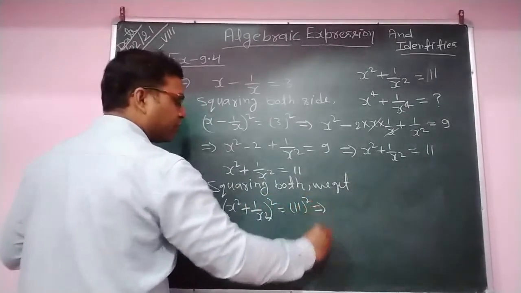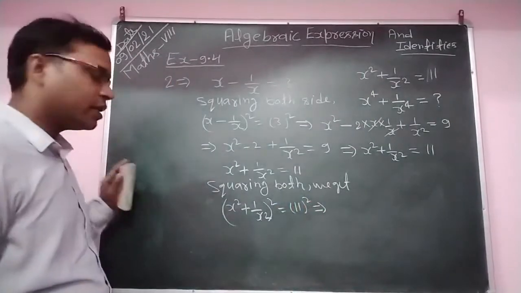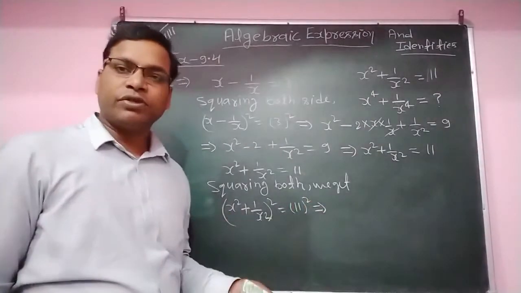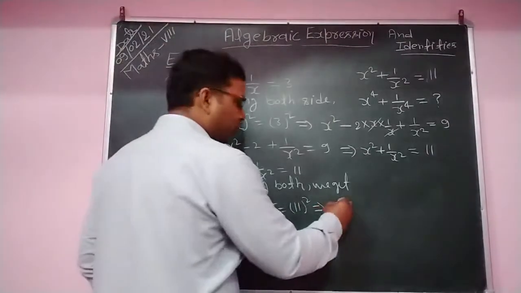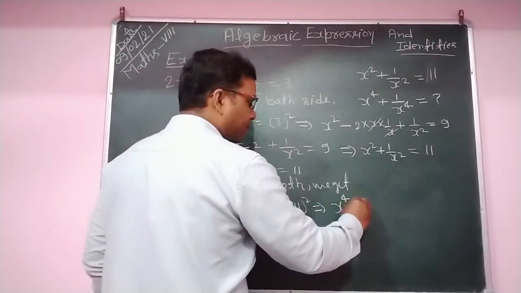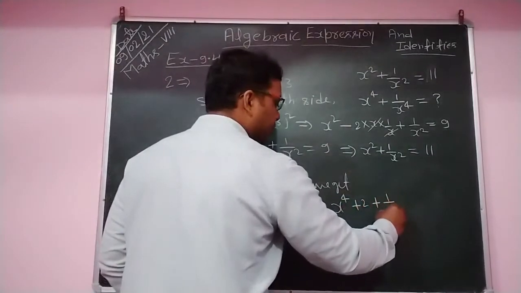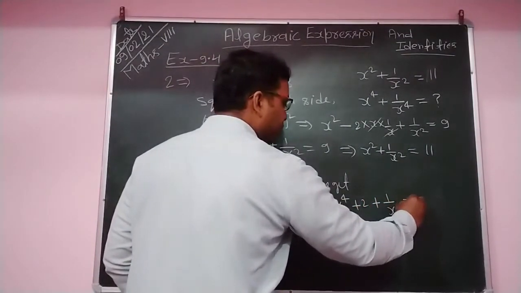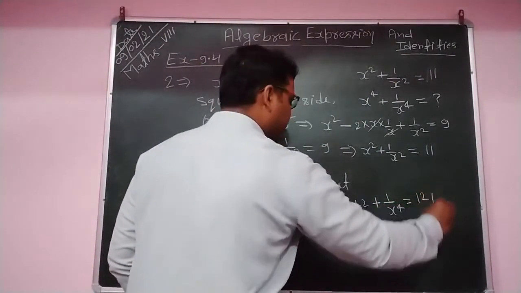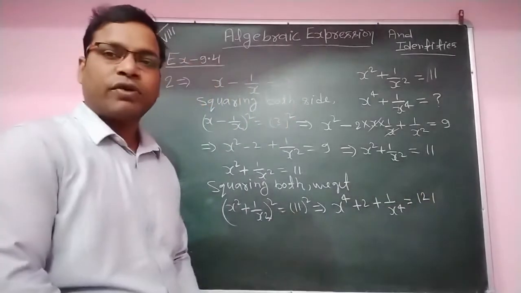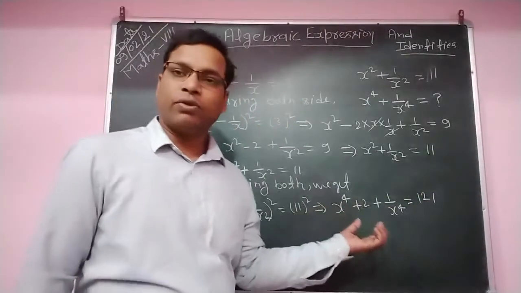So this is equal to x to the power 4, plus 2, plus 1 by x to the power 4, is equal to 121. Clear? Square of 11 is 121.